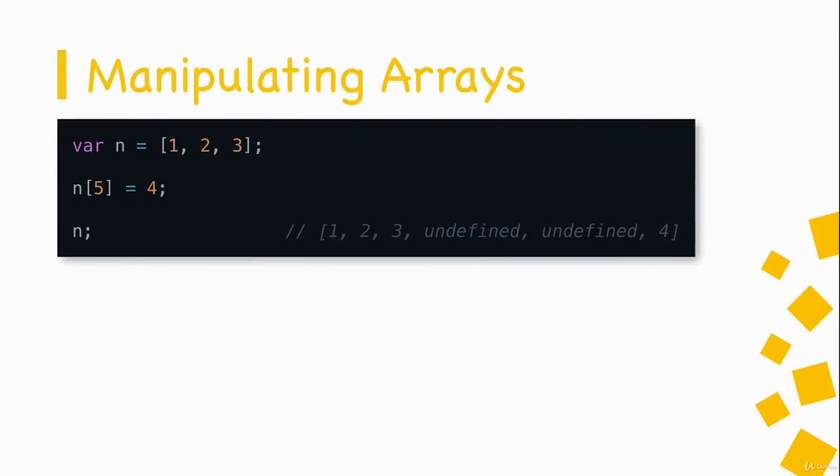Now index 5 means the 6th element. So the 6th element inside this array will have the value 4. Now we didn't define what the 4th and 5th element will be, so they're automatically undefined. So that's why if you use a very high index number, you'll actually end up with undefined values inside the array, which might cause problems later on. So be careful with this.